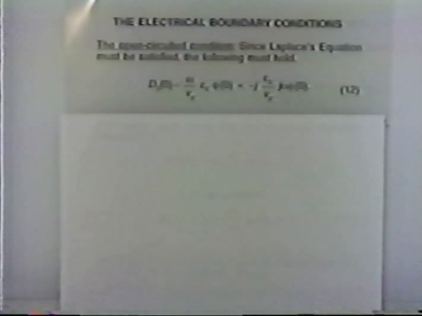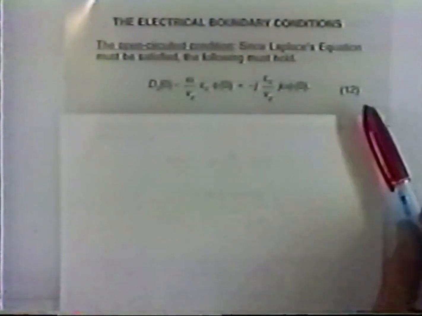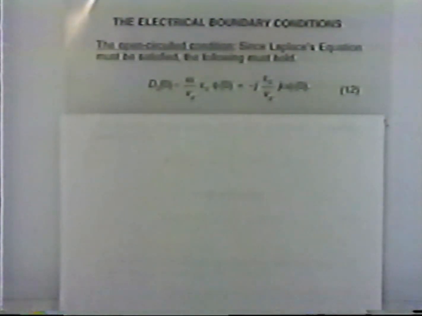If you write Laplace's equation in free space, and you look at the solution to Laplace's equation, you find that this equation 12 has to be satisfied. I don't have time to go through that. It's not a difficult exercise, and I suggest that you have a go at working it out.